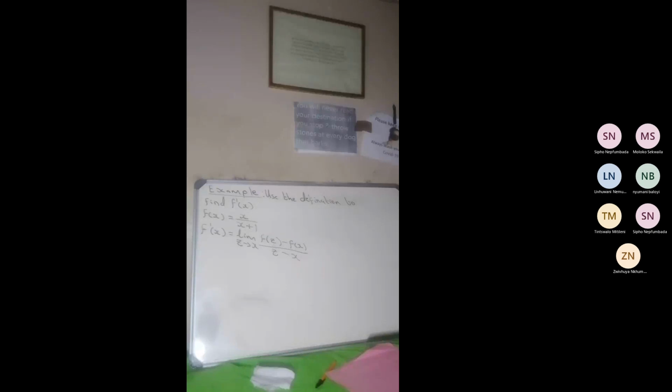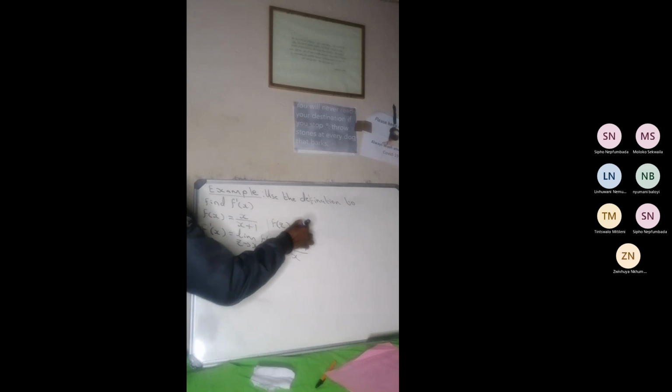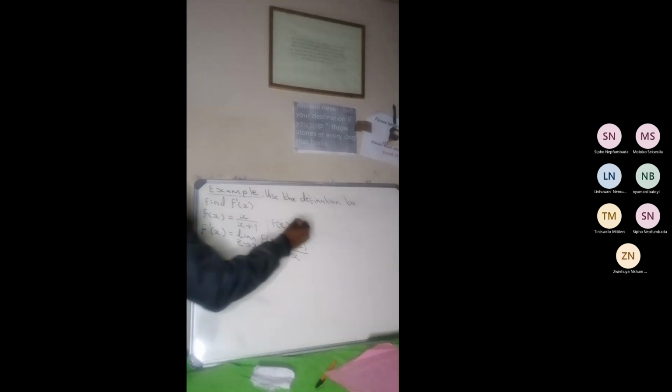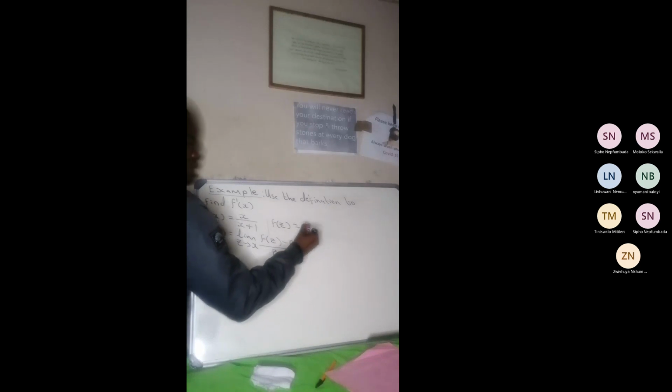Meaning that f at z, because we know f at x, simply means that our f at z equals, where there is an x, we are going to plug in z, so z over z plus 1.